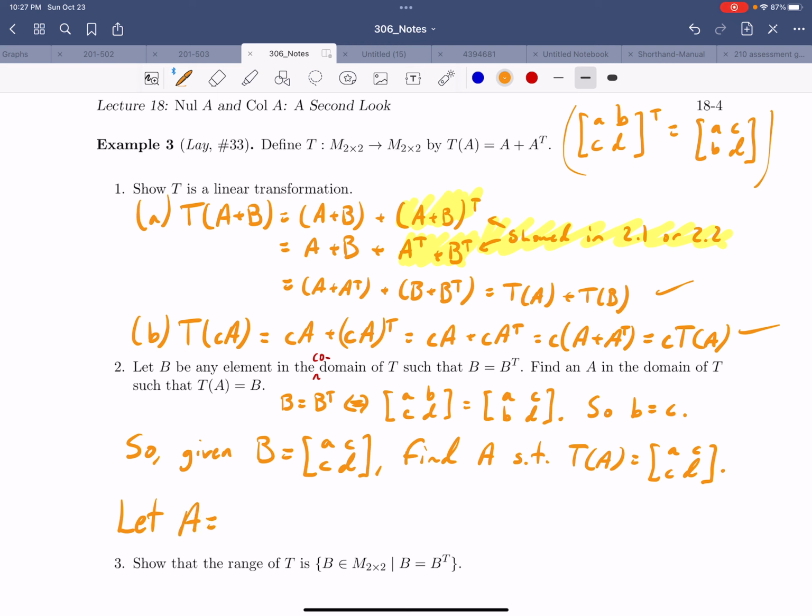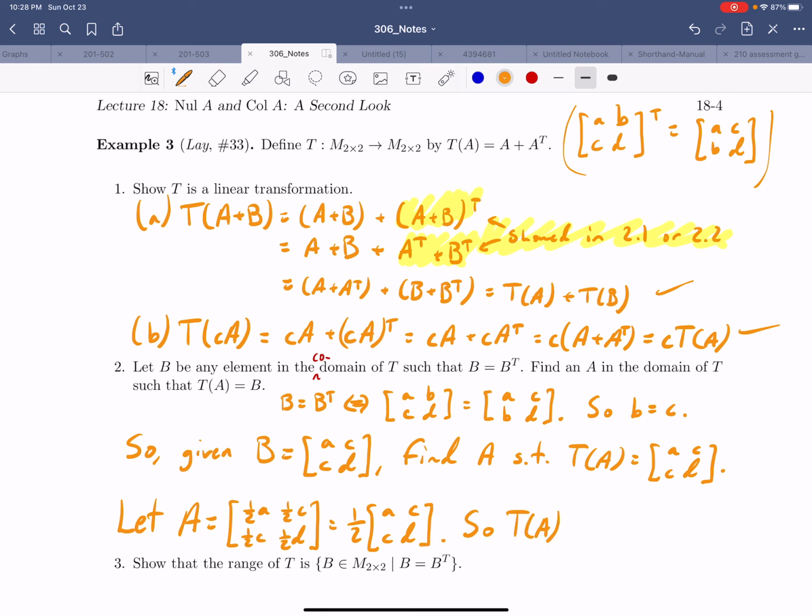Let A equal [1/2 a, 1/2 c; 1/2 c, 1/2 d]. Or if you prefer to write it this way, 1/2 times [a, c; c, d]. Right? So T of A is going to equal T of 1/2 times that matrix.